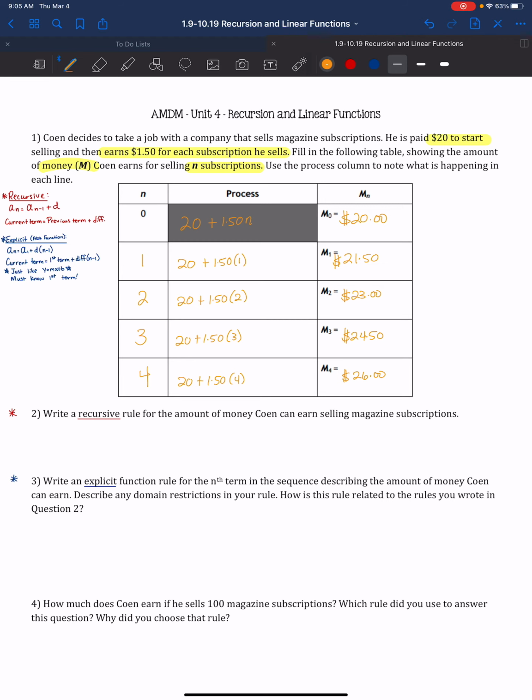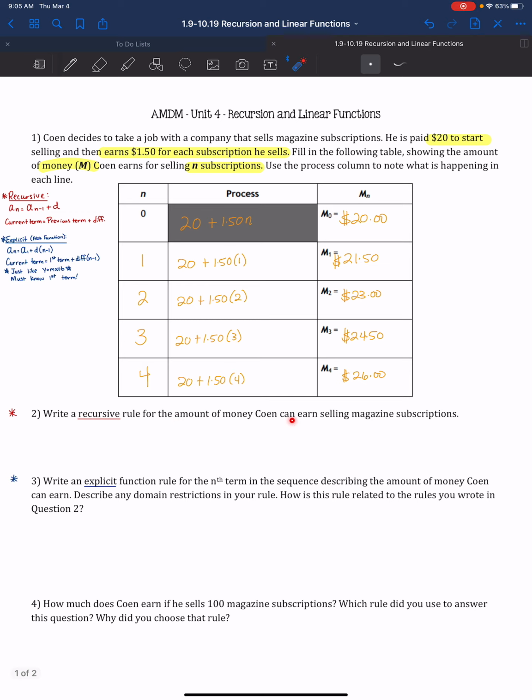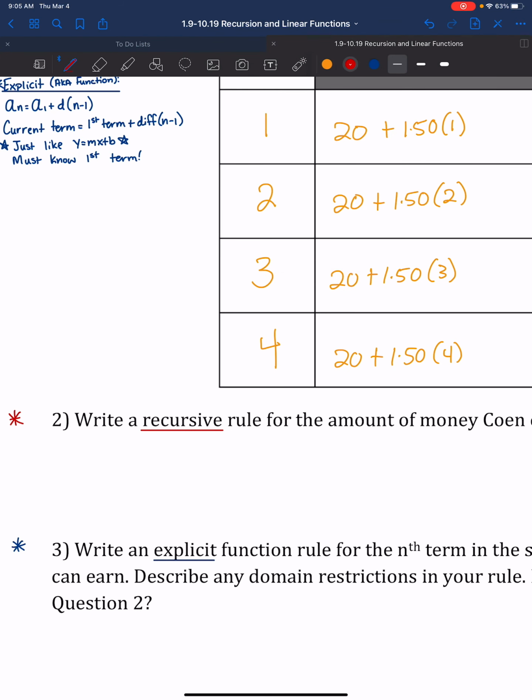Now for a recursive rule, number 2 says write a recursive rule for the amount of money Cohen can earn selling magazine subscriptions. So we're going to be using this red one right here. So current term is equal to previous term plus the difference. Now I'm going to write it in the form of the recursive rule, right?